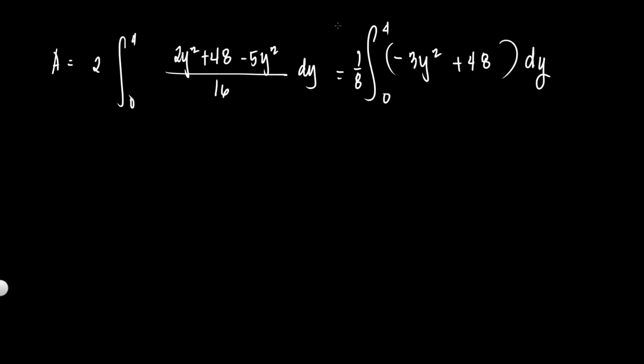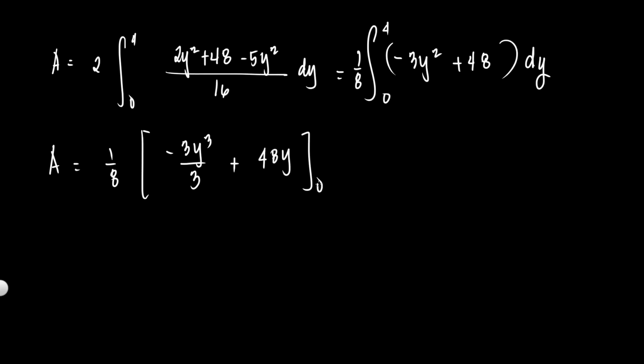Now the area is equal to 1 over 8. Integrate: minus 3y cubed over 3 plus 48y, limits 0 to 4.